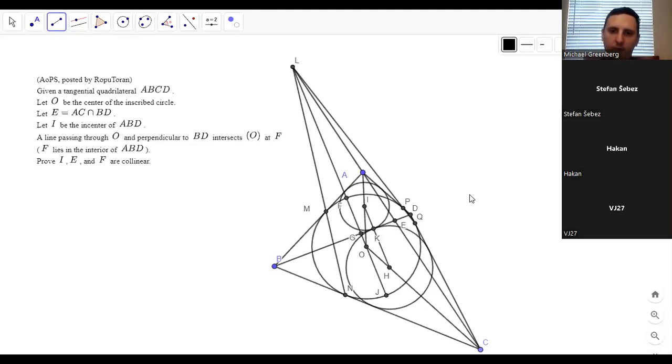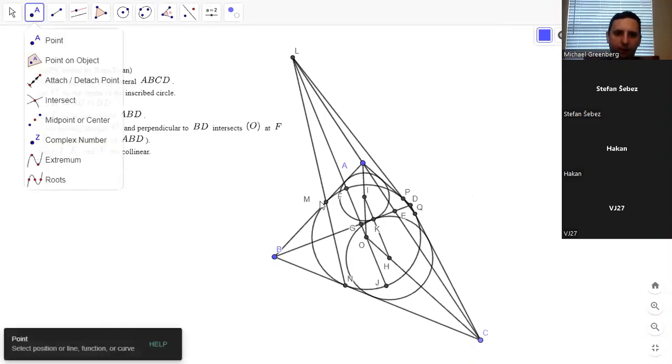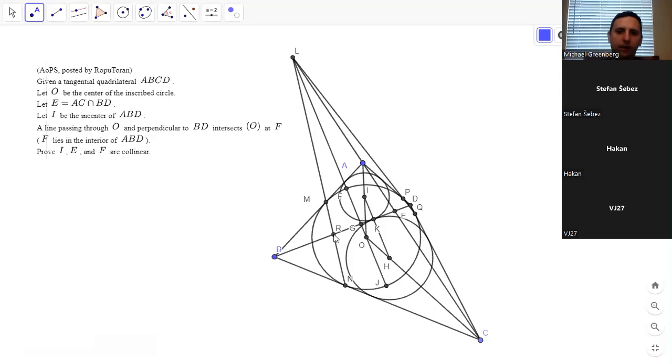We want to show LAEC is harmonic. Well, actually, it's kind of obvious because if you project through B onto MN, LAEC goes to LMRN, and since R is on the polar of L, those have to be harmonic. So that proves it.